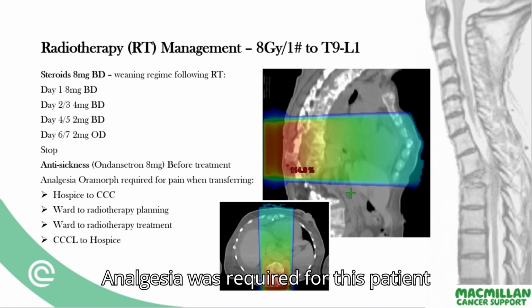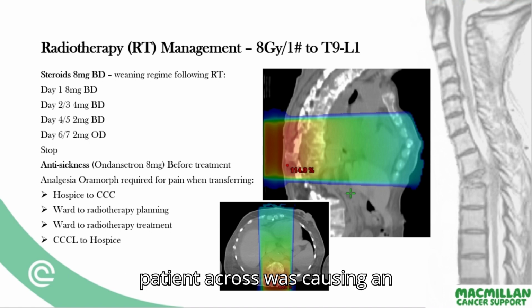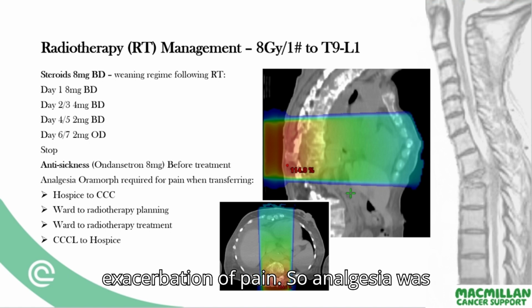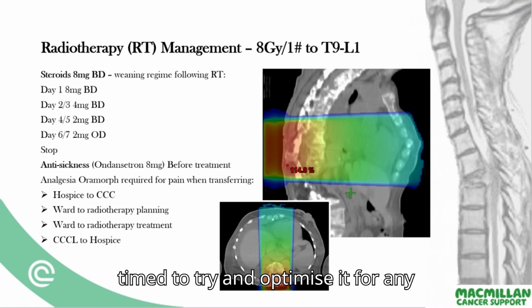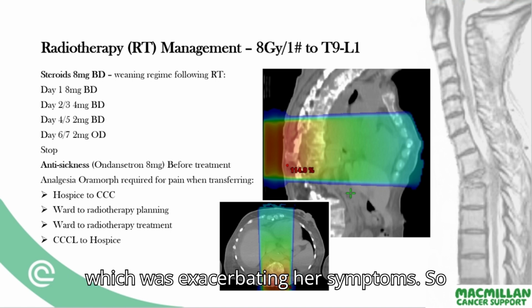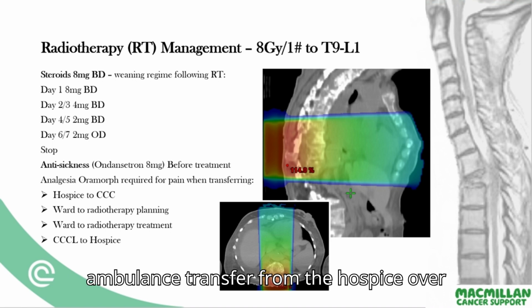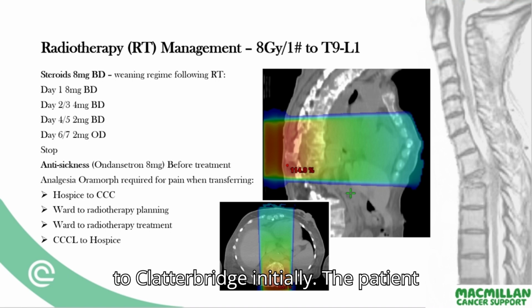Analgesia was required for this patient when transferring, so any movement of the patient across was causing an exacerbation of pain. So analgesia was timed to try and optimize it for any points of transfer for this patient, which was exacerbating her symptoms. So in terms of transfer for her, we had the ambulance transfer from the hospice over to Clatterbridge initially.